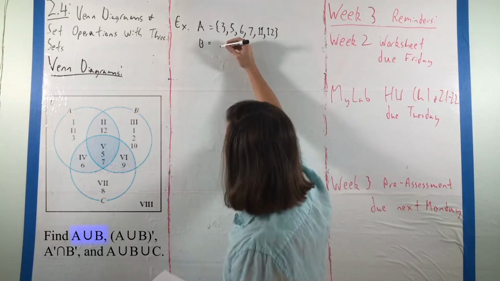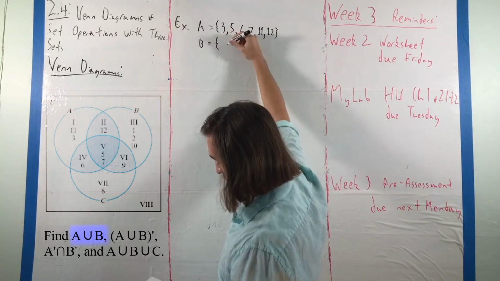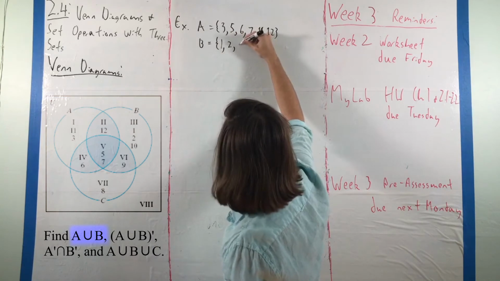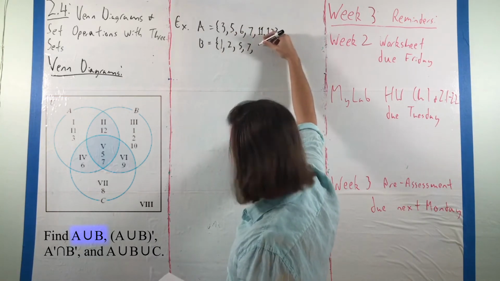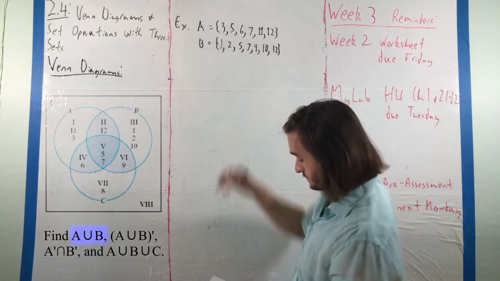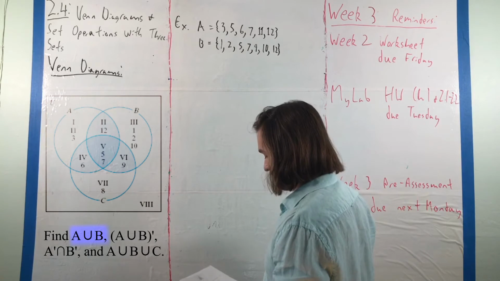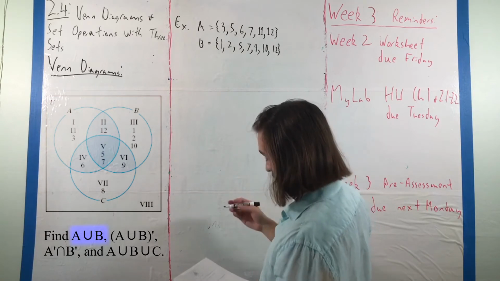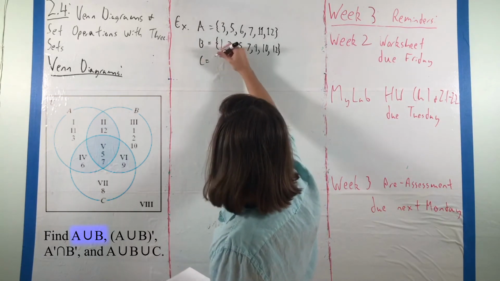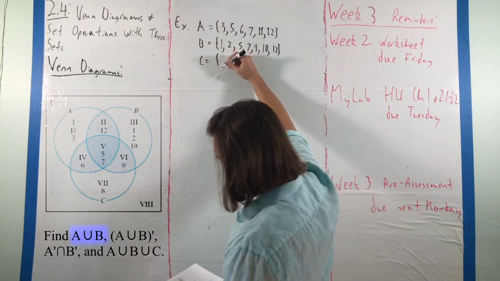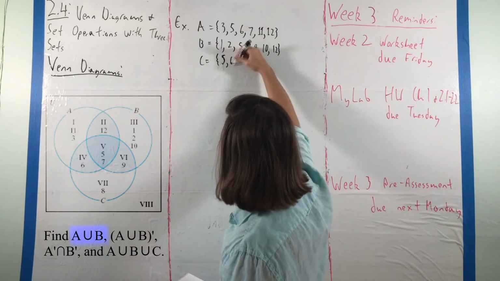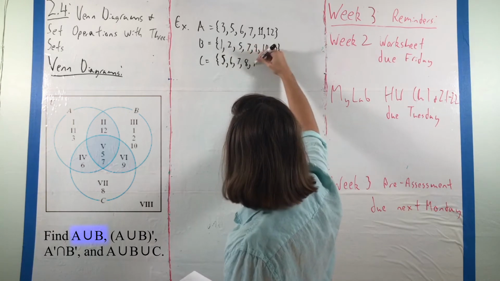Excuse me, I can't read Roman numerals sometimes. Means that there we get set 1, 2, 5, 7, 9, 10, 12. Next, we have C, which is the regions 4, 5, 6, and 7. That ends up being 5, 6, 7, 8, and 9.